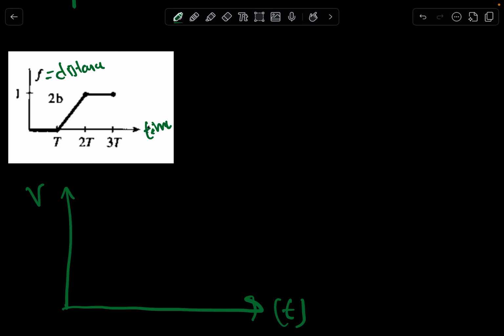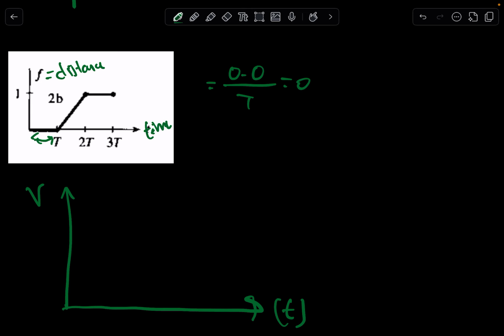Between this time period here, between 0 and t, there was no change. So our distance did not change at all. So 0 minus 0 over t equals 0.